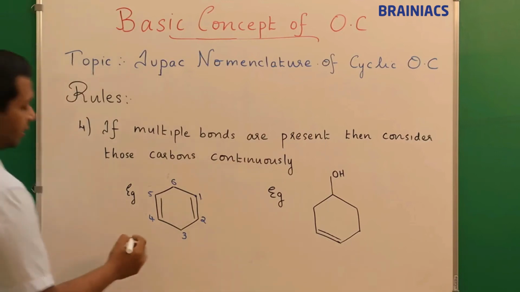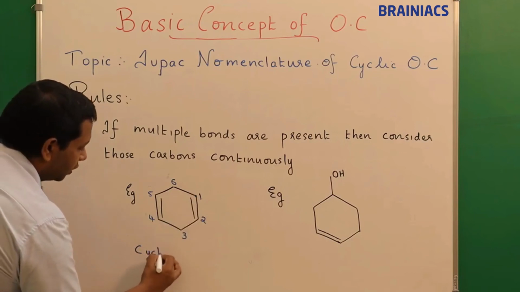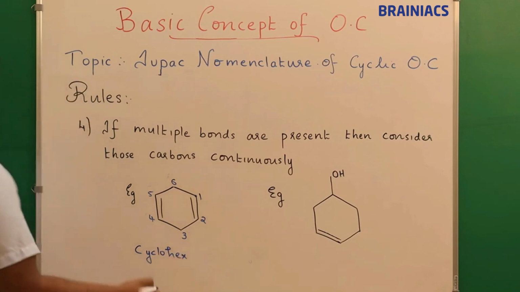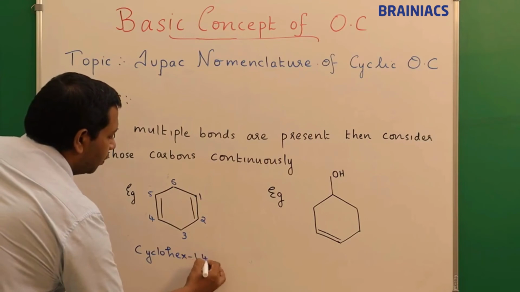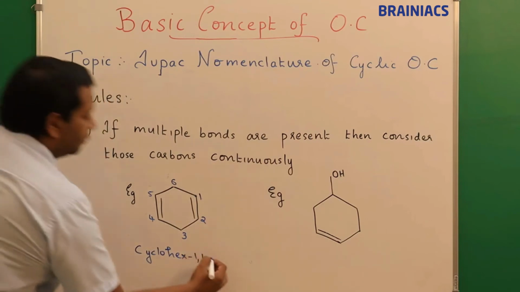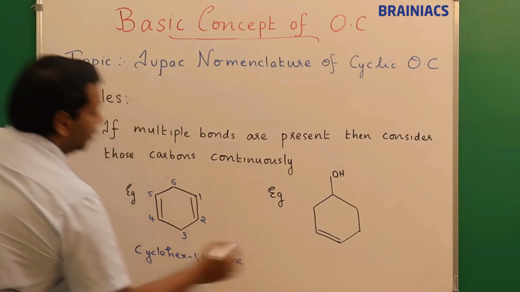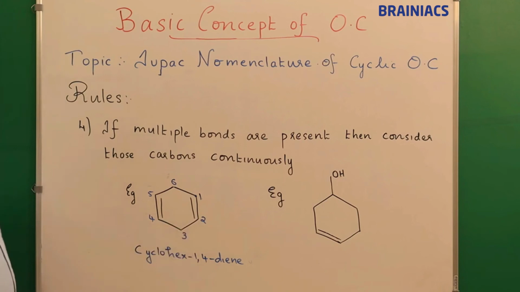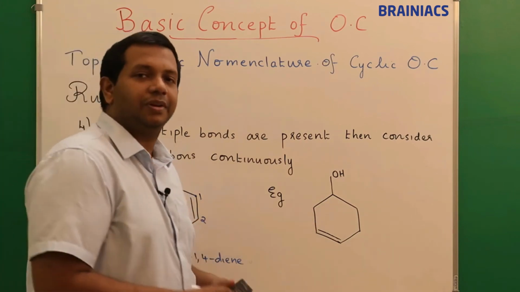So I can say cyclo, then hex, then hyphen 1 comma 4, then hyphen, both are double bonds, so I will use diene. So it should be cyclohex-1,4-diene. Understood? Very important rule.